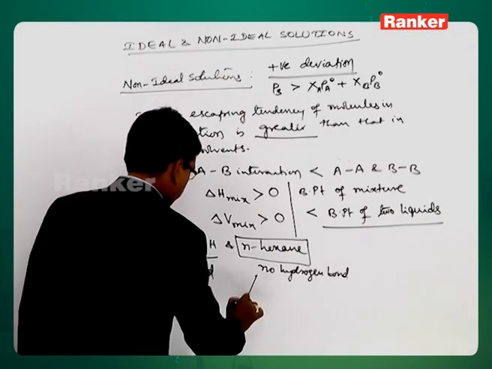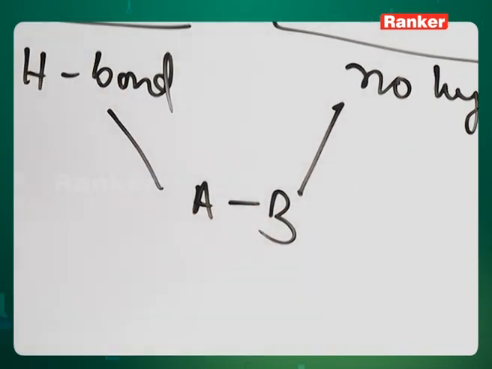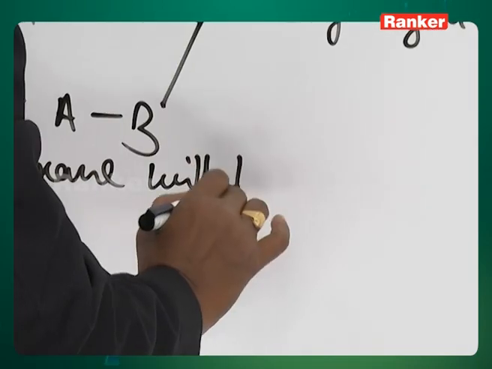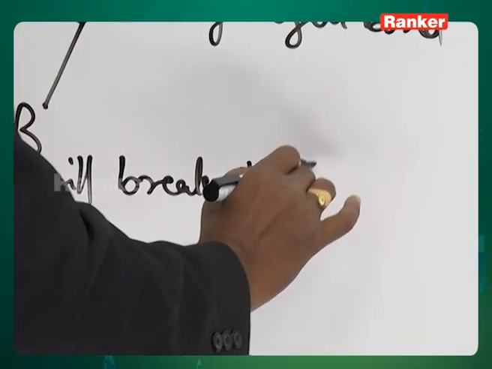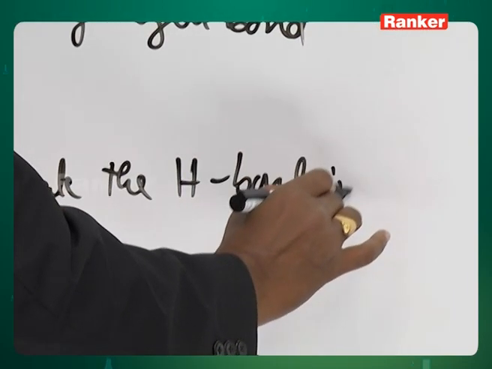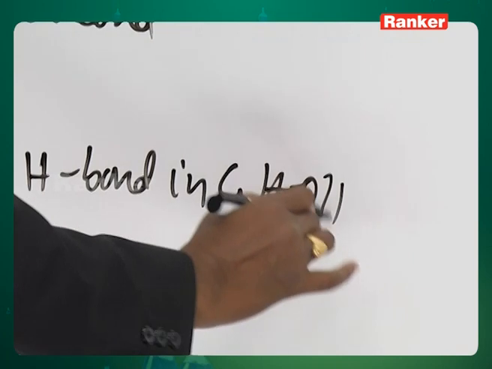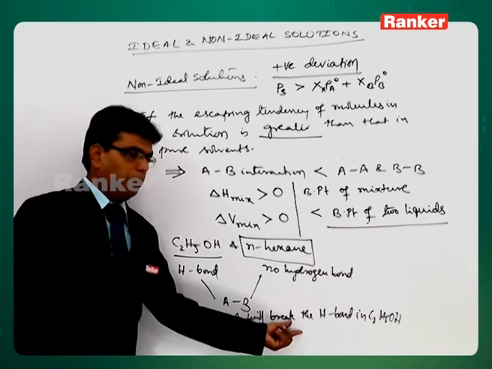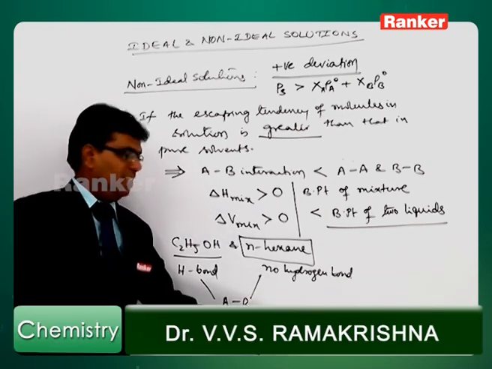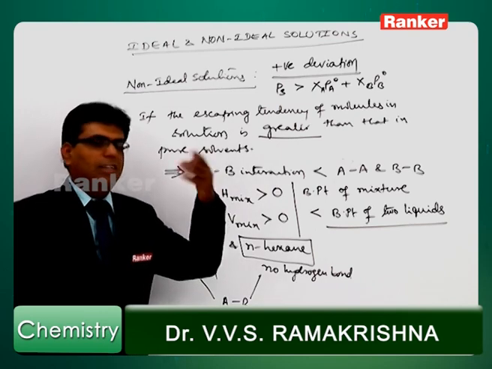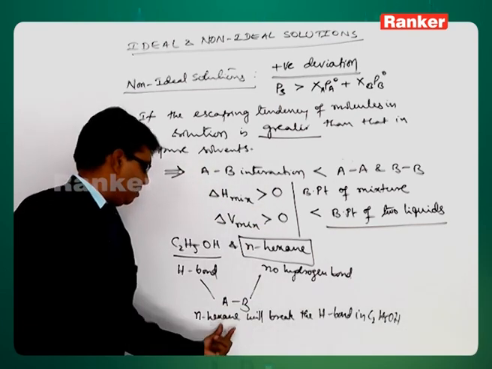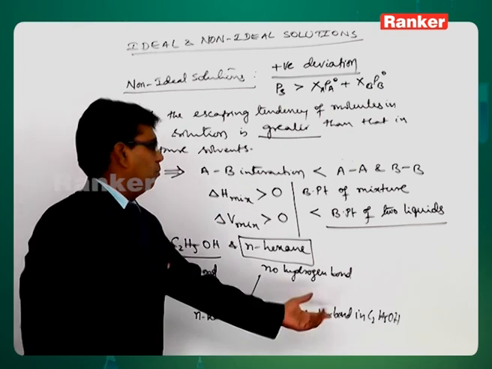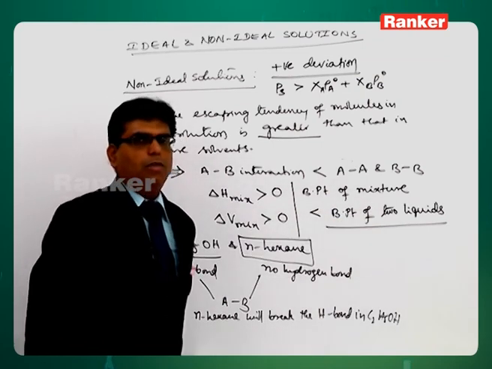But when you mix both to form AB, n-hexane will break the hydrogen bond in ethanol. So, what will happen when the hydrogen bond breaks? The escaping tendency of both the liquids will increase. As the escaping tendency increases, more vapors will be formed, and as a result the boiling point will become less than the boiling point of the two liquids.